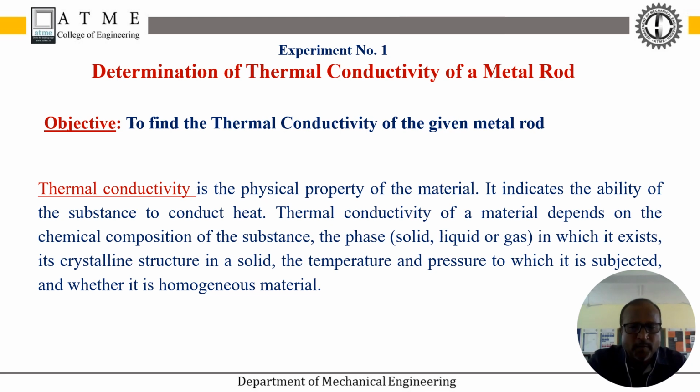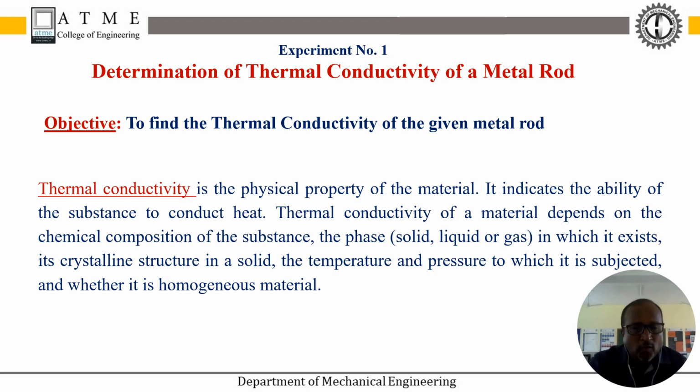The handle should be a very bad conductor, because the heat from the vessel to the handle should not come faster. It cannot stop the heat transfer, but it has to come very slowly. That means the rate of heat transfer through that has to be slow. So a material which has lower thermal conductivity can be used there. That is where the requirement of knowing this thermal conductivity arises.